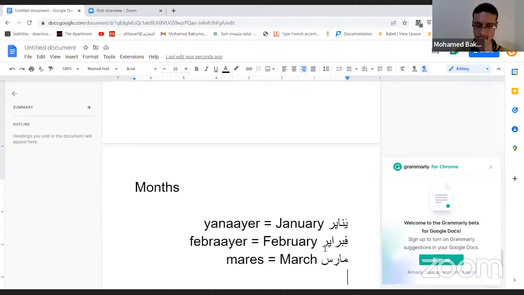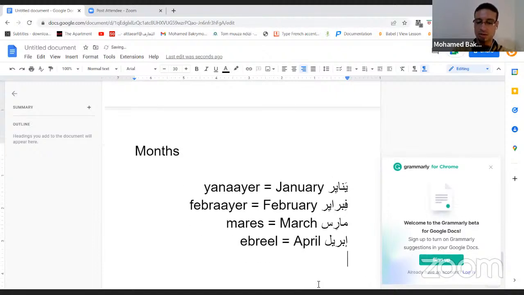The next one is إبريل. I have this Hamza under the alif. It means that it's pronounced A. So إبريل. This is April. Okay. So مارس. إبريل.